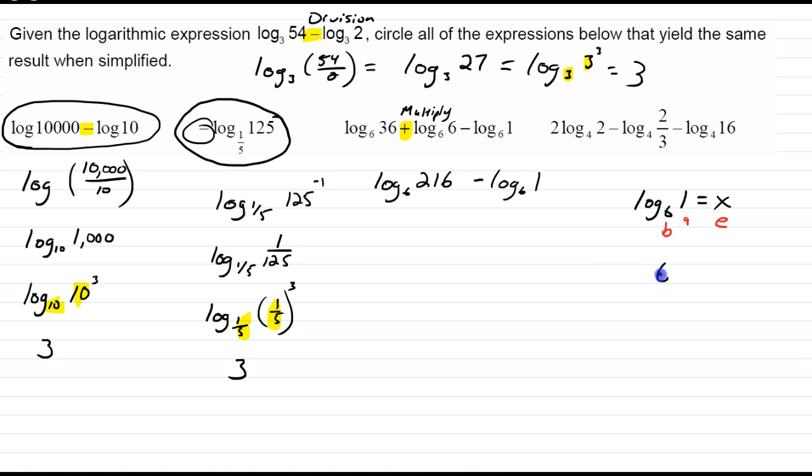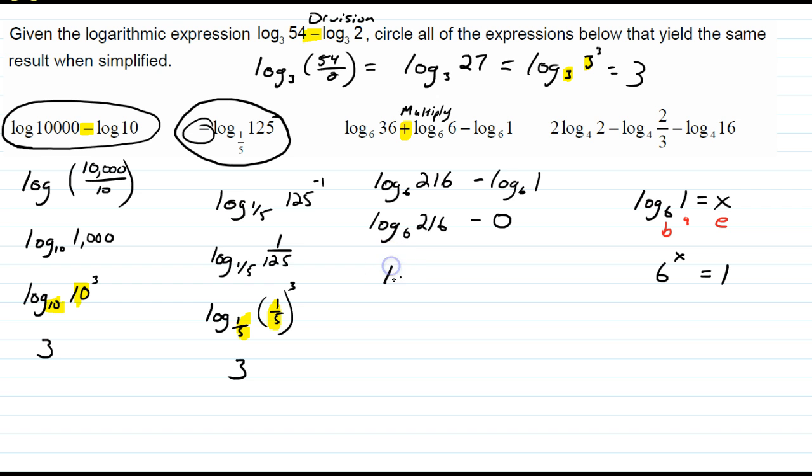And so this would be 6 to the x is equal to 1, so x would have to be 0. This is just like really minus 0. And so whenever this here is a 1, our answer is 0 each and every time.